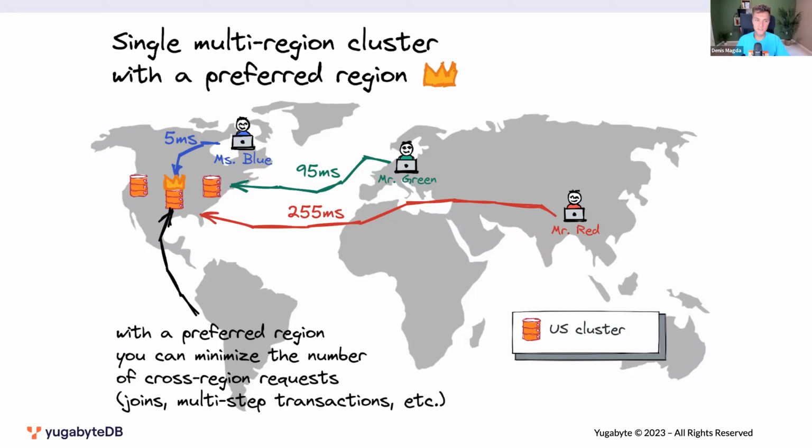Yeah, as for the follower reads, it's a good point. Let's say that Mrs. Blue probably lives close to this preferred region, and that's why her requests always go to this preferred region. But you can have some other users, for instance, some users living on the West Coast in California, and if you can sacrifice some amount of staleness, if you're okay with slightly stale reads, in a healthy network that will be on the order of 1 or 2 seconds, not even that.